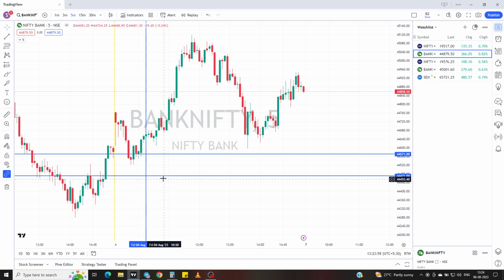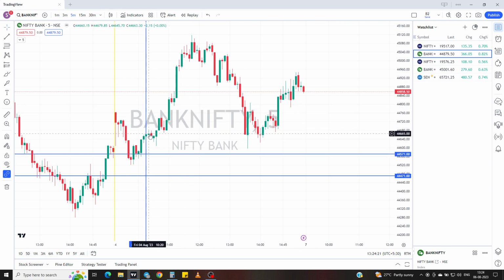If the breakout had happened below, we would have waited for a candle to close below this horizontal line. Since the breakout has happened above, we are going to wait for a close above this horizontal line. You can see this candle has given a close for us above this horizontal line.